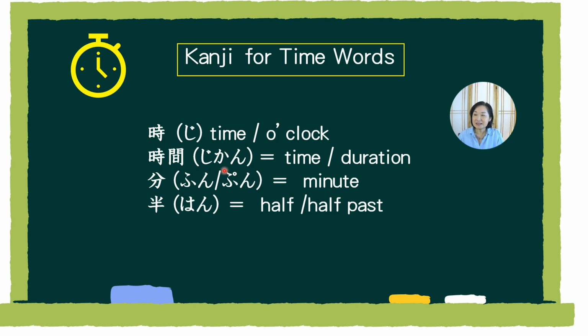Jikan means time, or it can be used to show duration of hours. And the next one means minute and sometimes is pronounced as pun. Han means half, and when used with time, it indicates half past the hour. And these kanji are commonly used in daily life, so try to get familiar with them as we go through today's lesson.